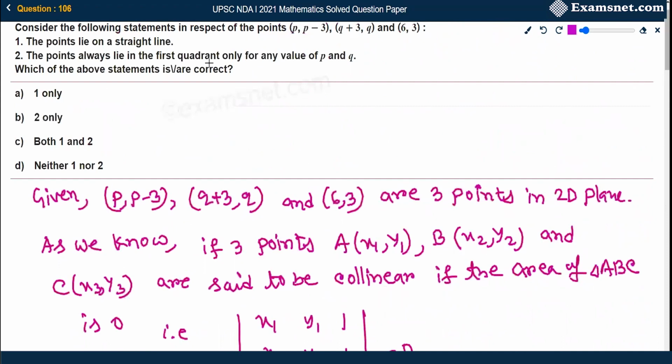Now we will talk about statement 2. The points always lie in the first quadrant only for any value of p and q.